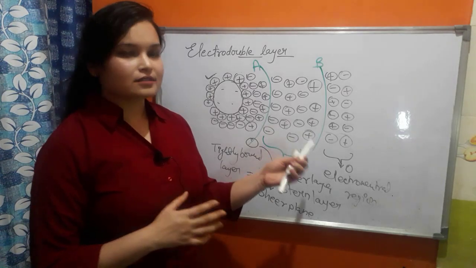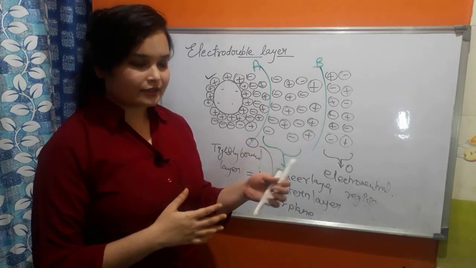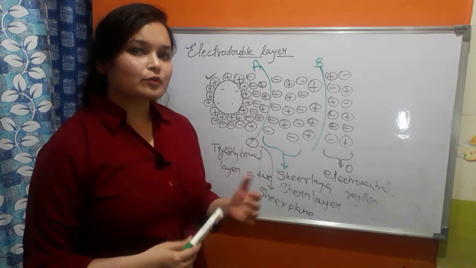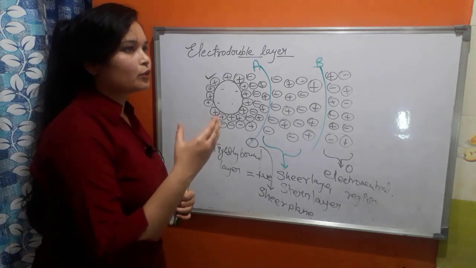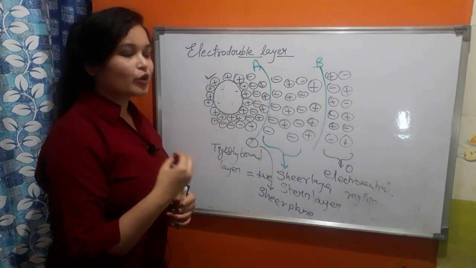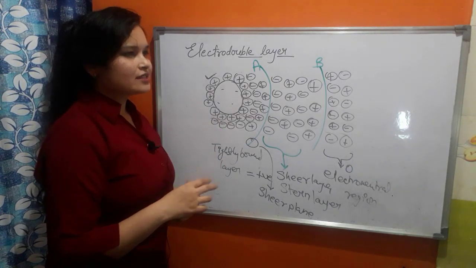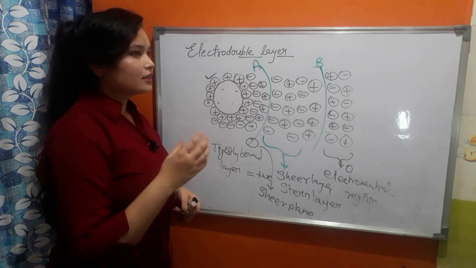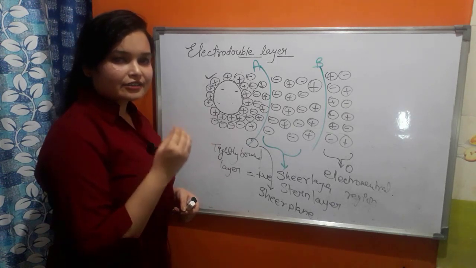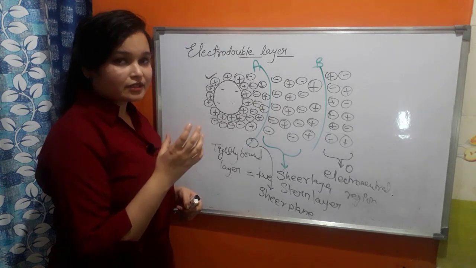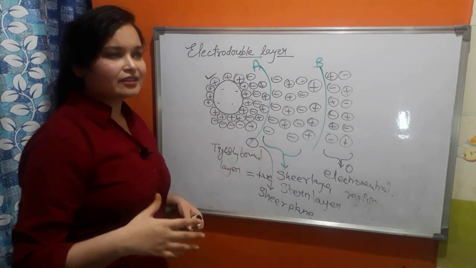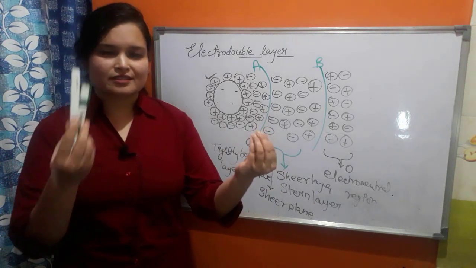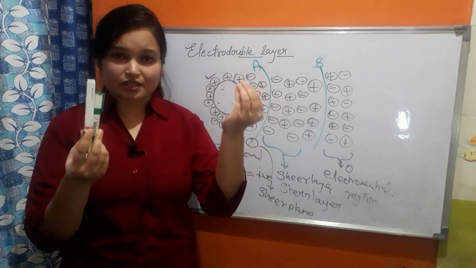Let's see, this finishes your electrical double layer. Now we'll see what is zeta potential. So just by the name potential, first of all you need to know what potential is. Potential in simple words means the difference in the net electrical charge between point A and point B. Just imagine there are 2 points, there are some charges on this point and some charges on this point.